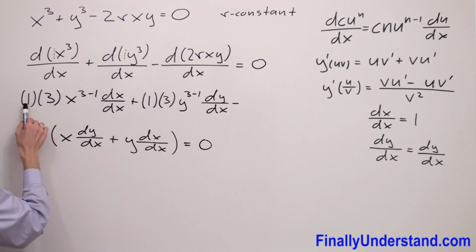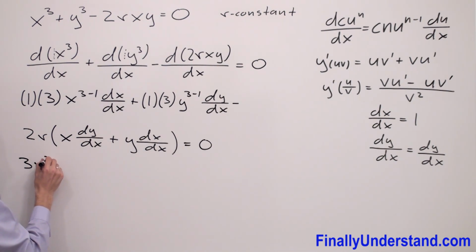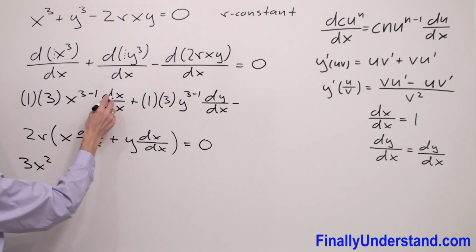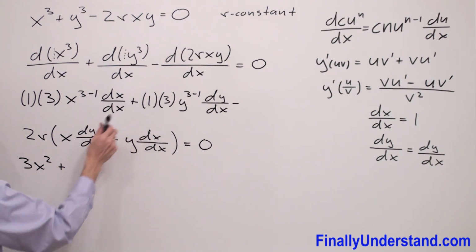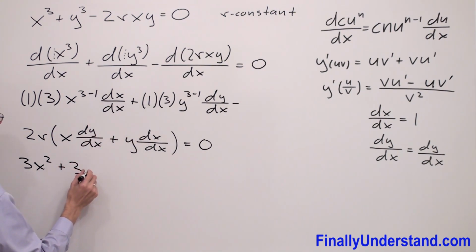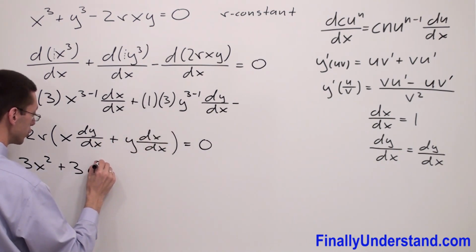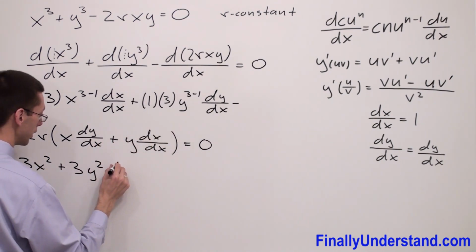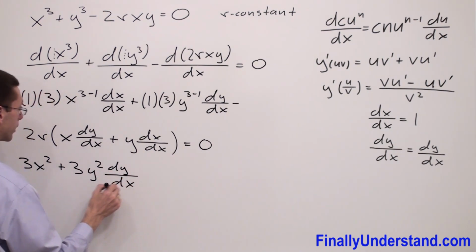So I have 1 times 3 is 3, x, 3 minus 1 is equal to 2. dx over dx is equal to 1. Plus 1 times 3 is 3, y, 3 minus 1 is 2, dy over dx.